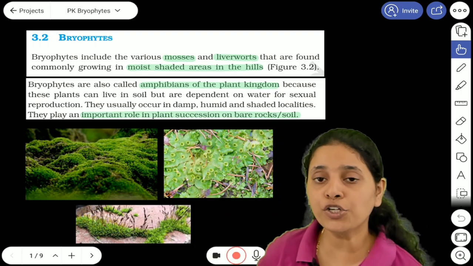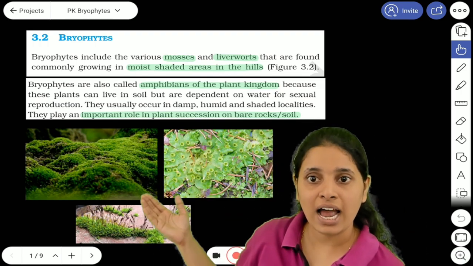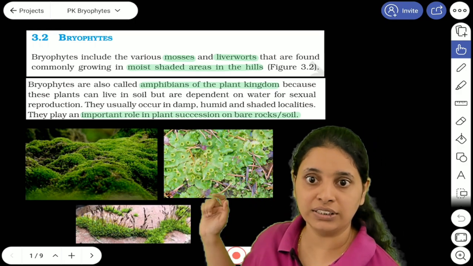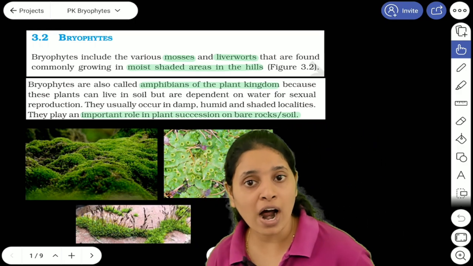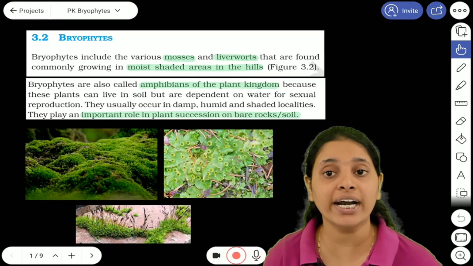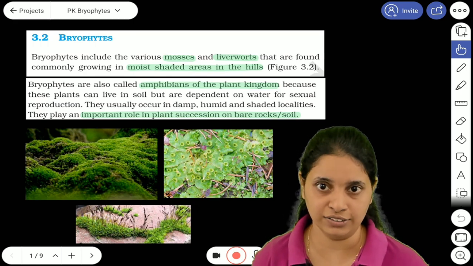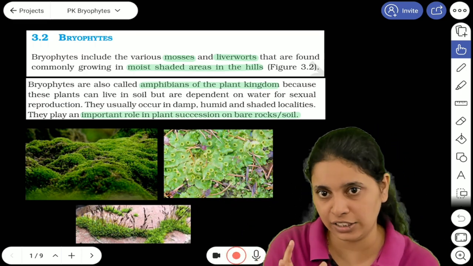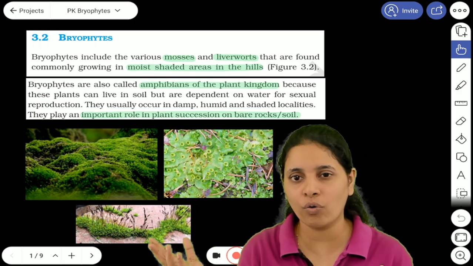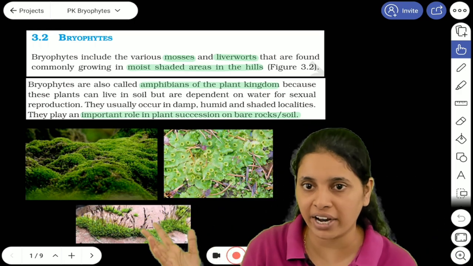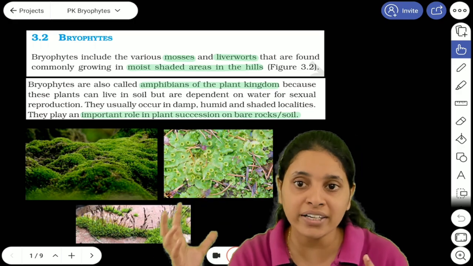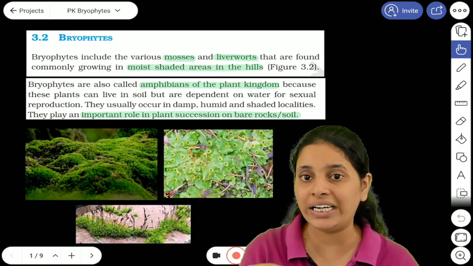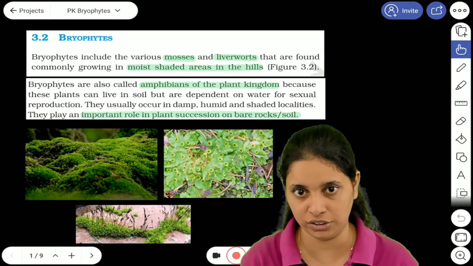So bryophytes include various mosses and liverworts. These are found mainly in moist, shaded areas in the hills. They prefer to grow in damp, humid conditions. They will not easily grow in a dry, sunny environment, but they will grow in shaded localities and damp, moist regions.